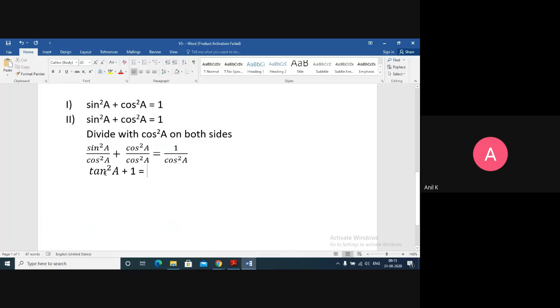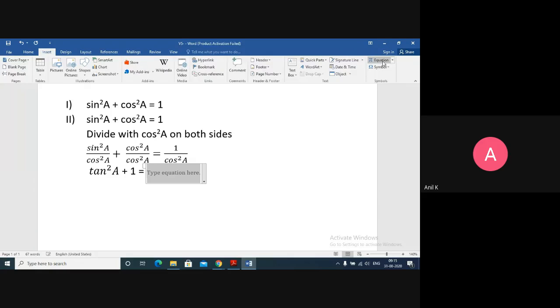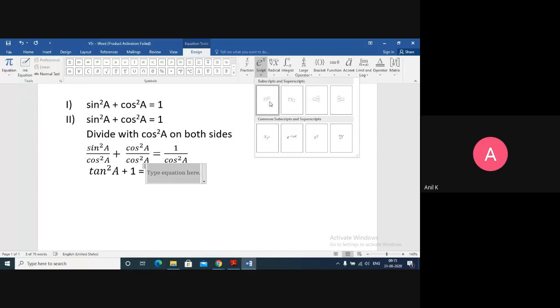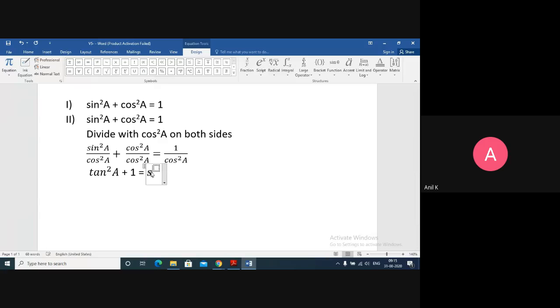Sec. So I think I have inserted the equation: sec square A. 1 upon cos is sec, so you will get sec square A.